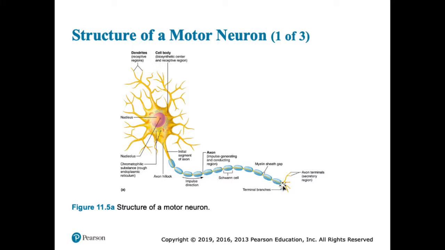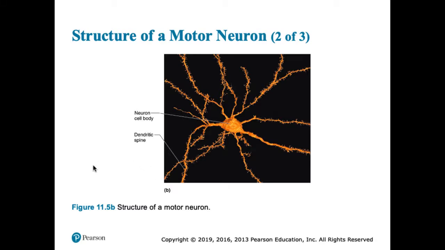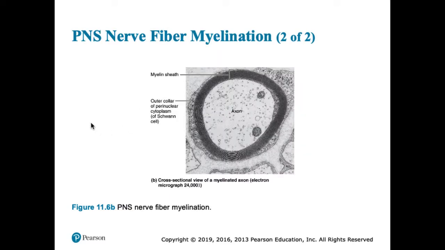The axon, it's the secretory region. It's where the terminals attach to those different bodies where the signal's being transmitted, the muscle, different things like that. So this is just the structure of that motor neuron. Here's that dendritic spine here, and then of course the neuron of the cell body.